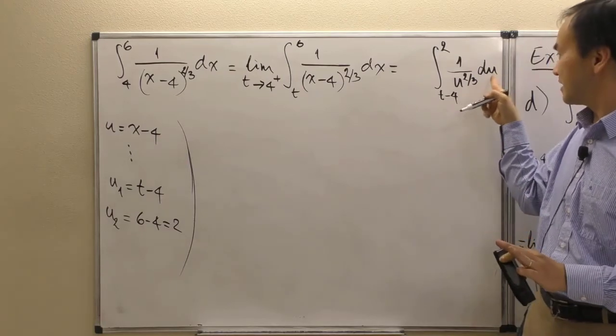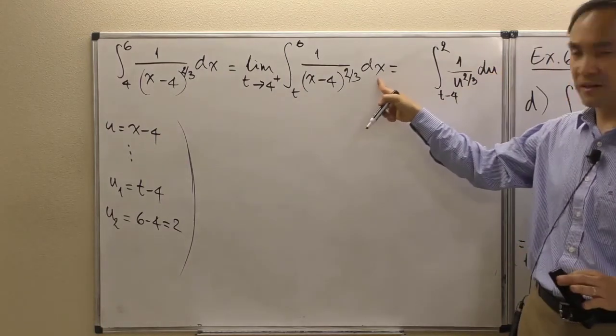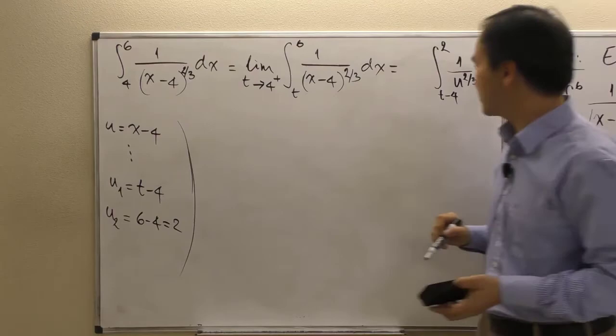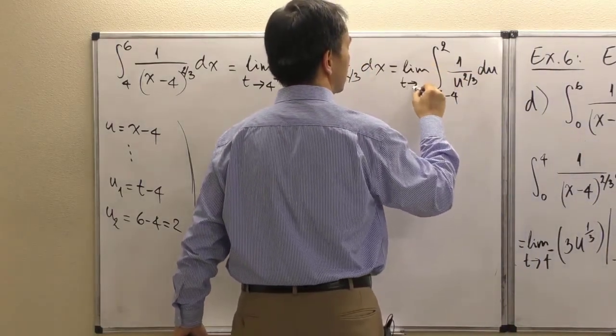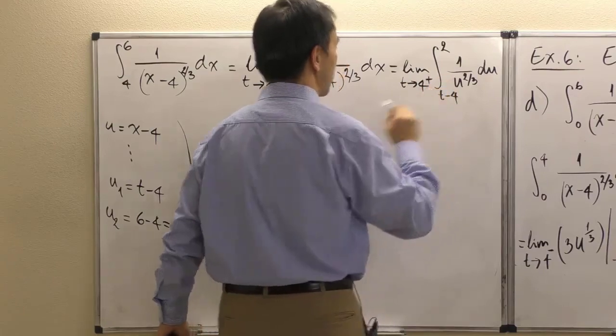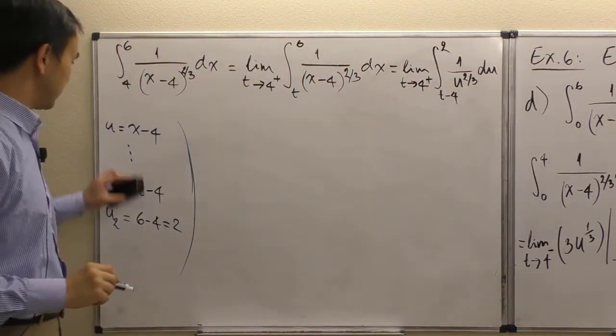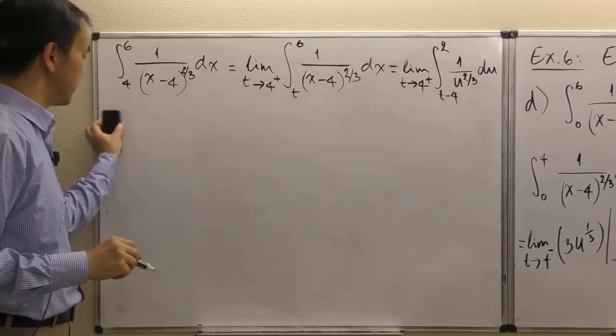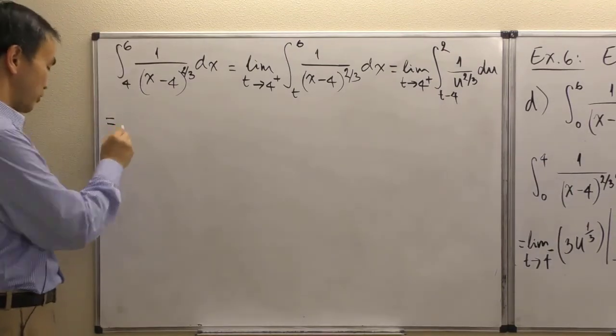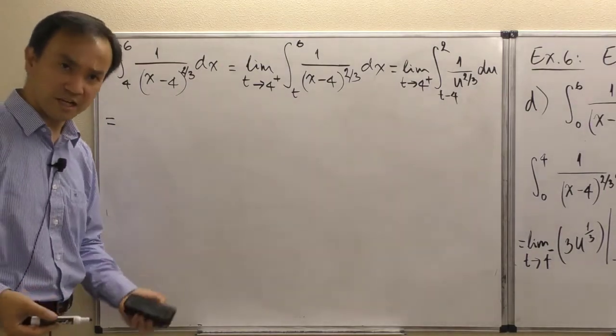The du here is a perfect substitution for the dx. And yes, we have to take the limit, allowing t to approach 4 from the right hand side this time. Now I'm going to erase this extra work for the substitution, because we just want to focus on the integral work itself.